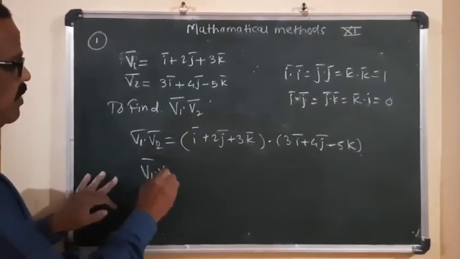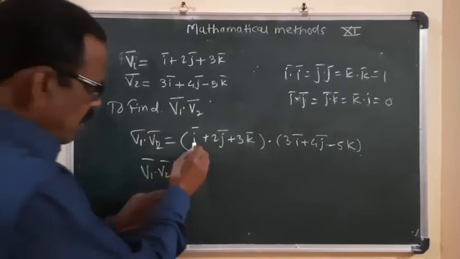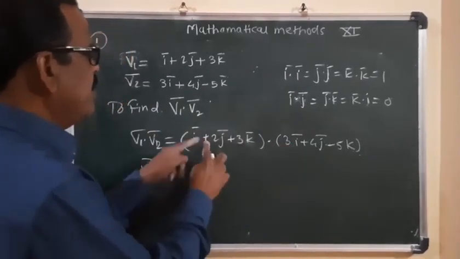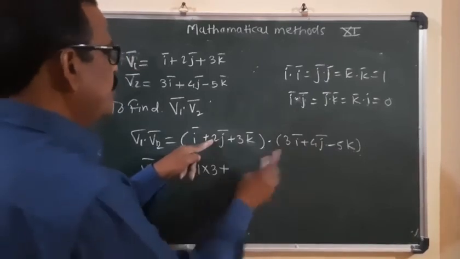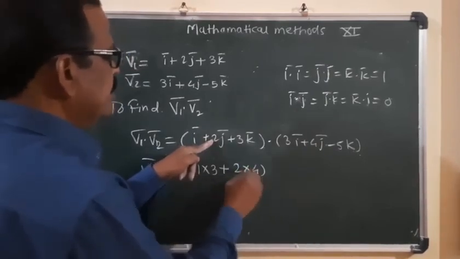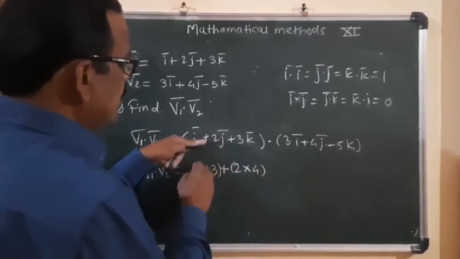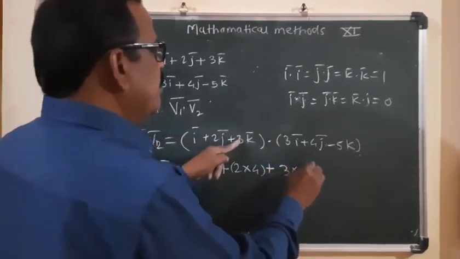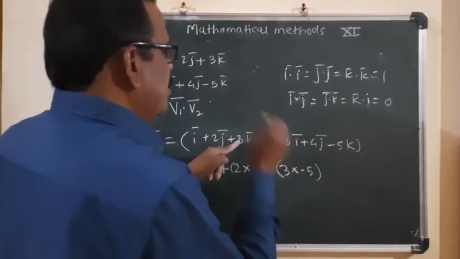V1 bar dot V2 bar is equal to 1 into 3, plus 2 into 4, plus 3 into minus 5.